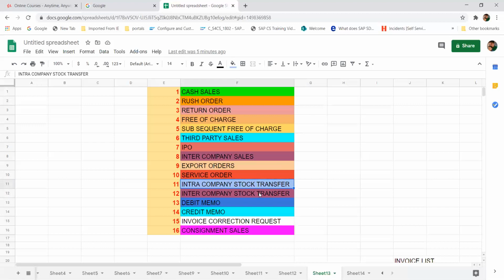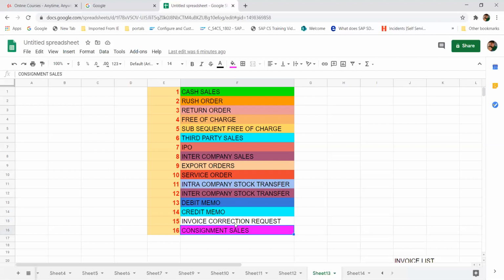Nowadays you will have an integration; in certain cases you can call it SD, MM, FI integration at invoice level. These two processes are important. Then there is complaint processing, which falls under the debit memo process and the credit memo process. Both credit memo and debit memo handling are done with a similar kind of document type, RK, which is called invoice correction request.